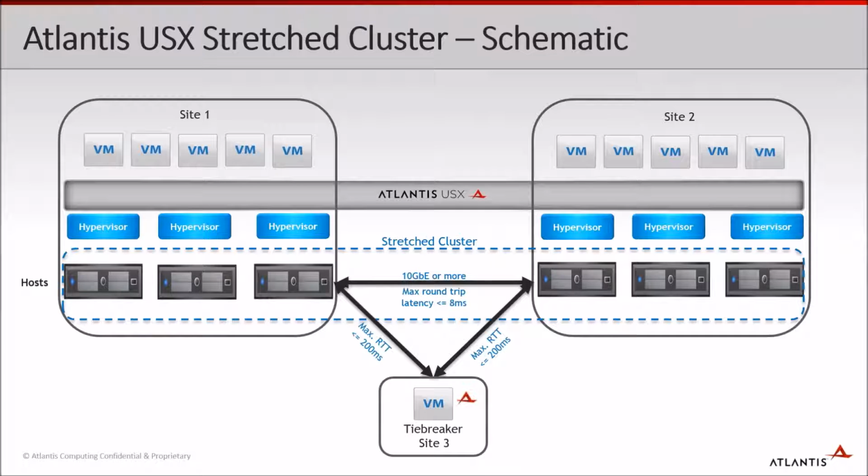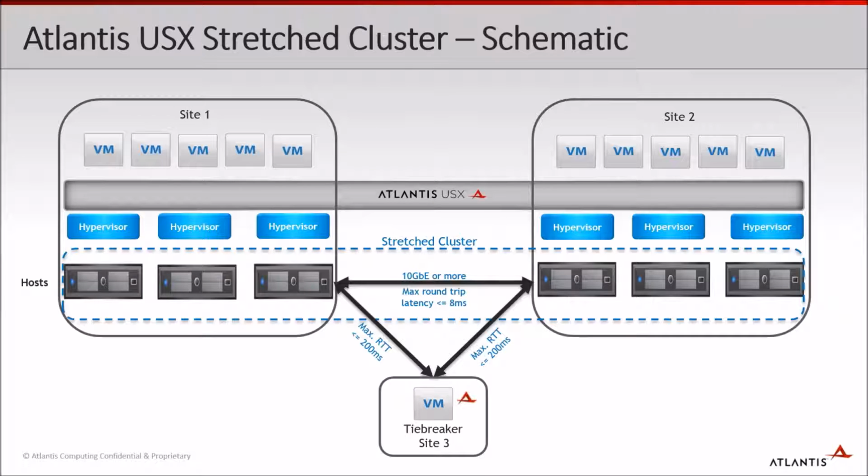And the requirements for that tiebreaker are fairly simple and straightforward. It just requires about 4 gig of RAM, 4 gig of actual disk space, if you can just do it thin provisioned. From a network standpoint, it doesn't really require high bandwidth at all. All you need is enough bandwidth to send some heartbeat information.